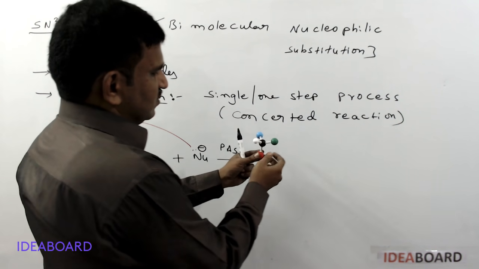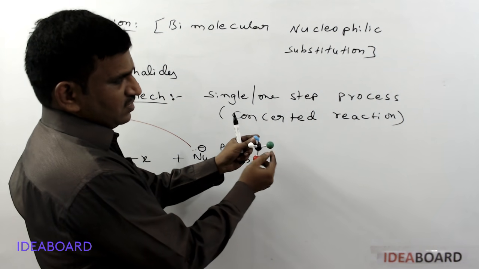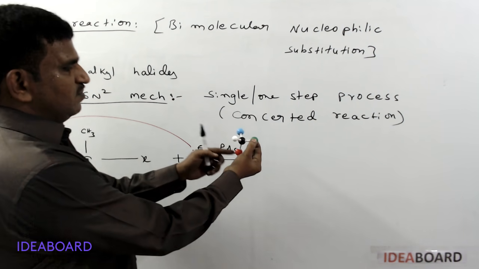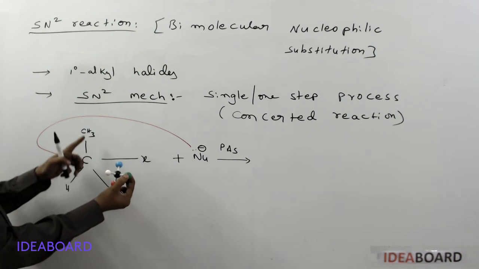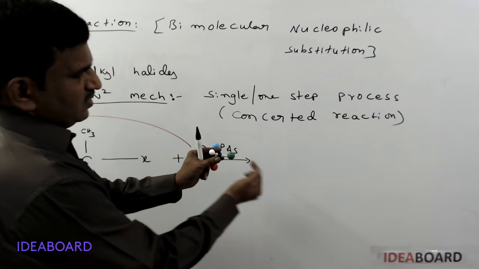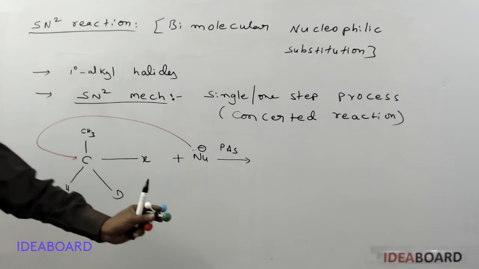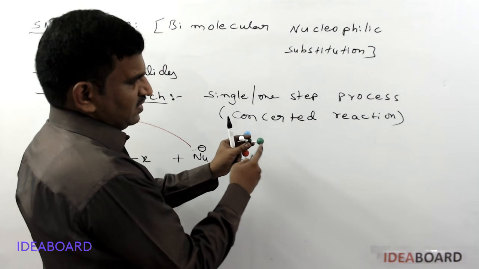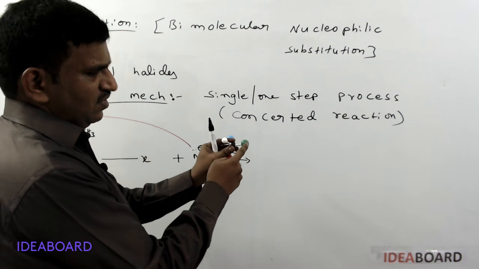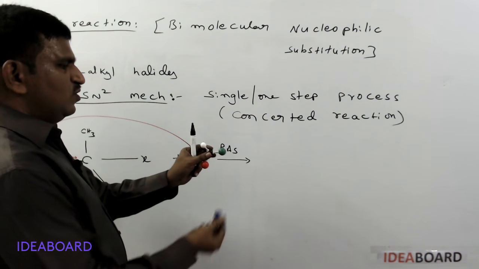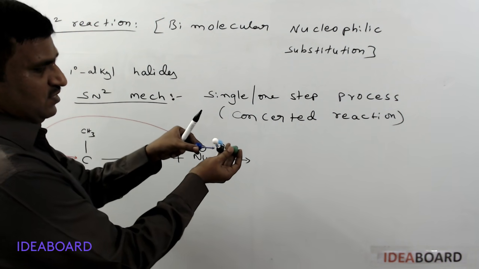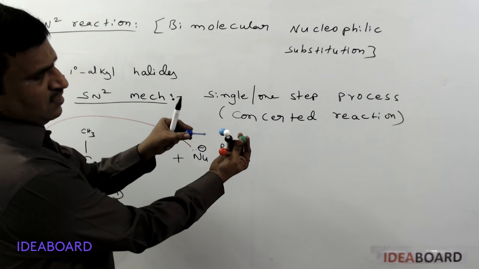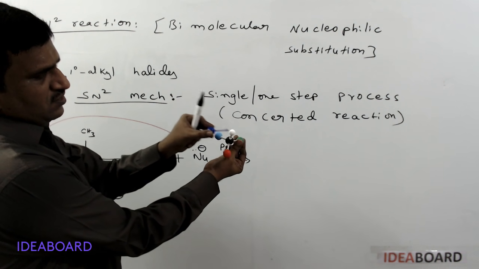Suppose there is a halogen atom, this green colored ball, and these three are the remaining groups present on it, and on the front side there is already the halogen. Whenever the nucleophile tries to attack from the front side, the halide ion already present will repel it, so it attacks from the back side, which is freely available.